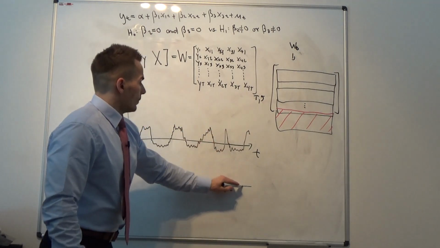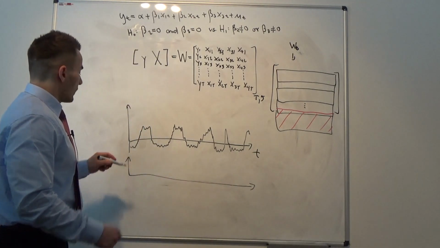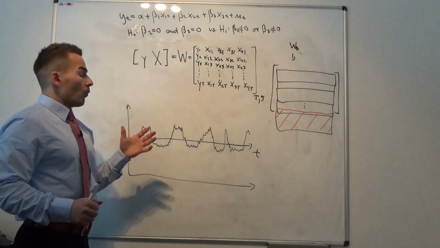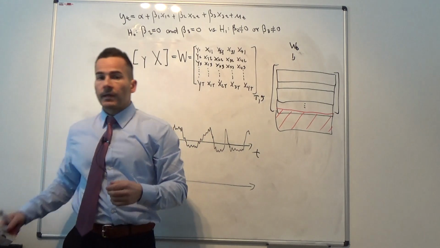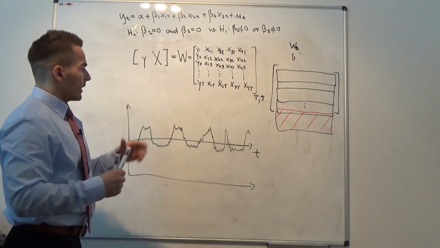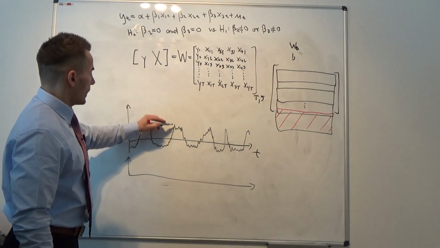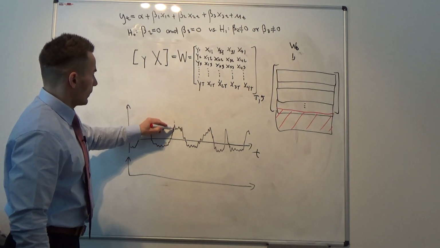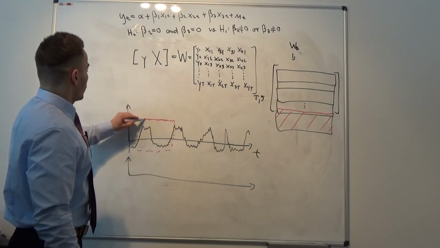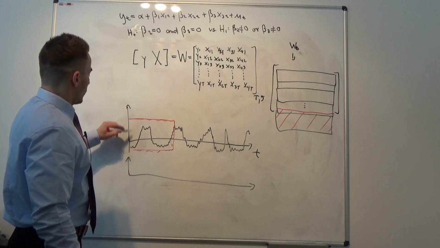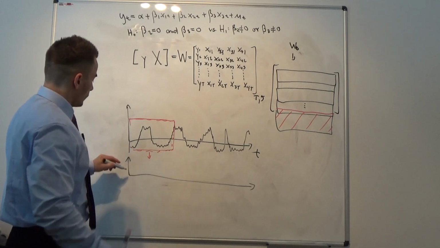So what happens? What would happen if we chose always a constant block length? Let's say we choose a constant block length h, and the first block would be, let's say, here. The first block that we chose would be this one. We grab this and put it in our new data matrix.